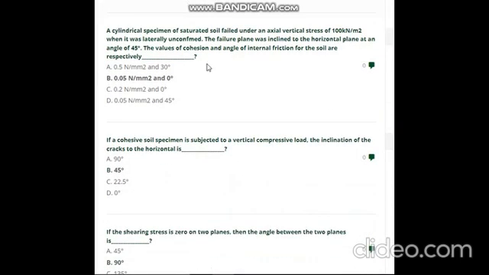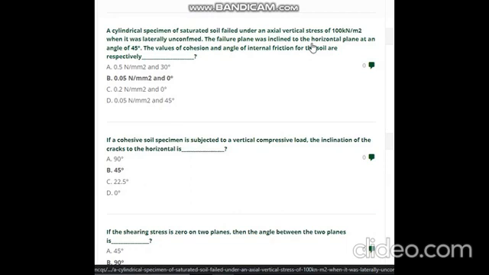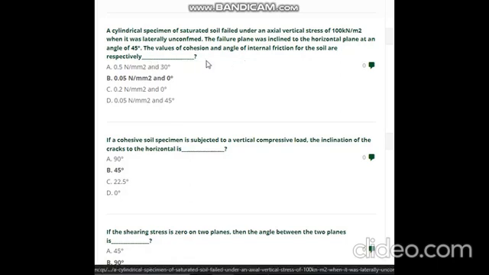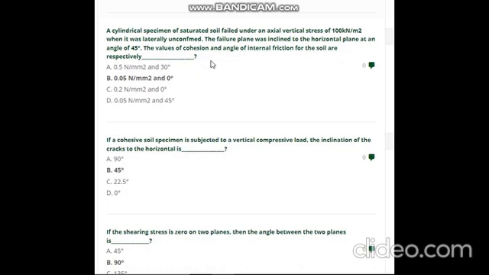A cylindrical specimen of saturated soil failed under an axial vertical stress of 100 kN per meter square when it was laterally unconfined, and the failure plane was inclined to the horizontal plane at an angle of 45 degrees. The values of cohesion and angle of internal friction for the soil are respectively 0.05 N per meter square and 0 degree.